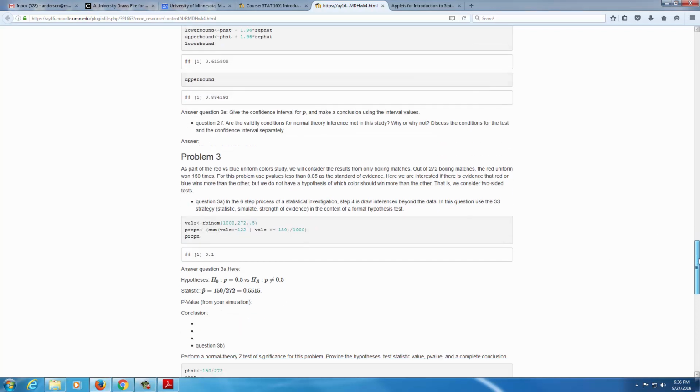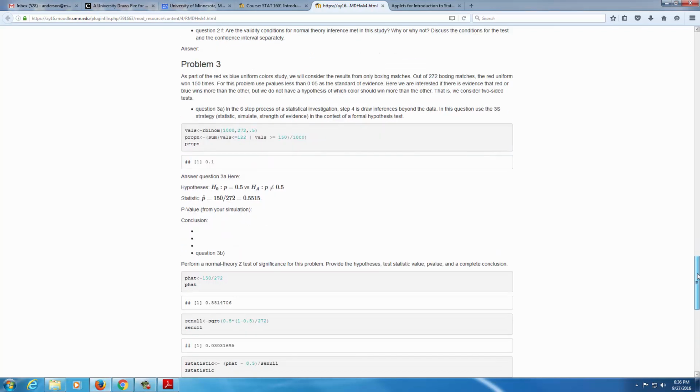In problem 3, we resume the red-blue uniform color study, but only considering boxing matches. In 3A, what we're going to do is simulate 1,000 experiments of 272 trials, each with an equal probability of winning the red uniform or the blue uniform.